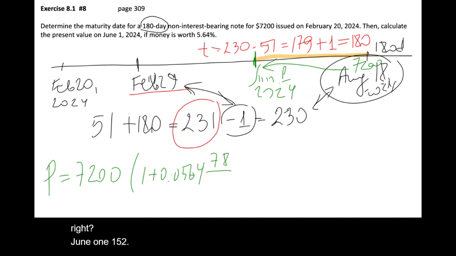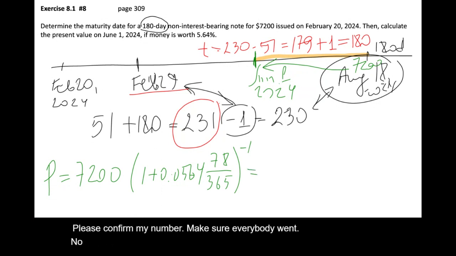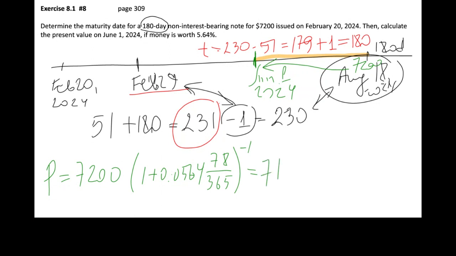That's 78 days. Please confirm my number. Make sure everybody would know how to find it. So 7114.25. Okay, finish your calculations. Ask me questions if you have.